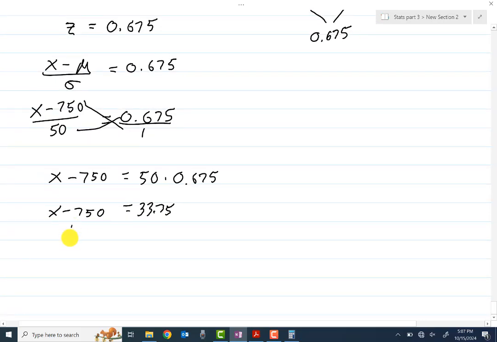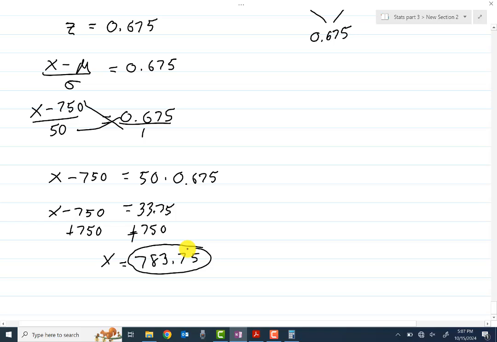And then to finish this off, I'm going to add 750 to both sides. So the cutoff score for that is 783.75.